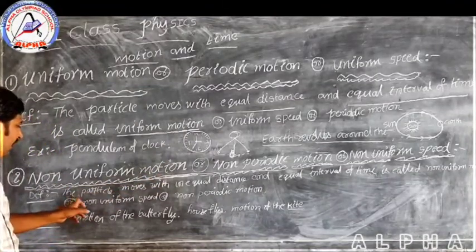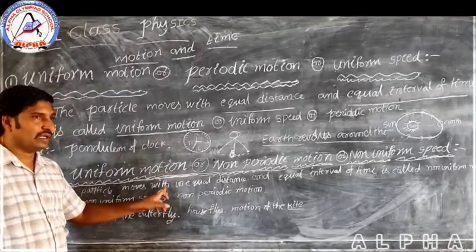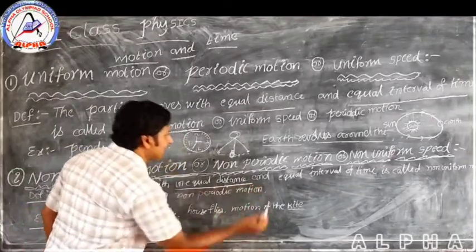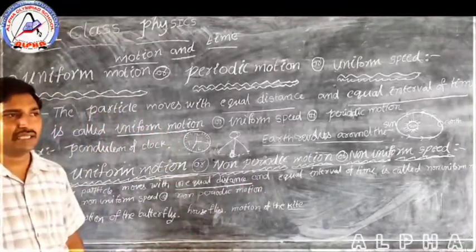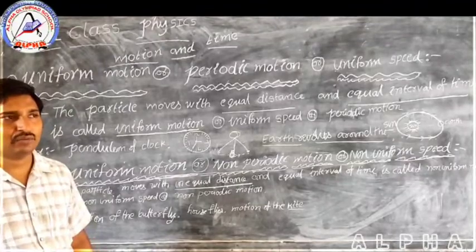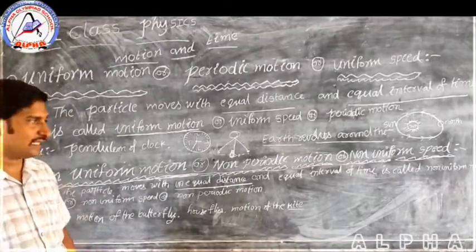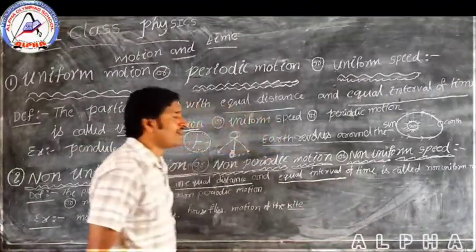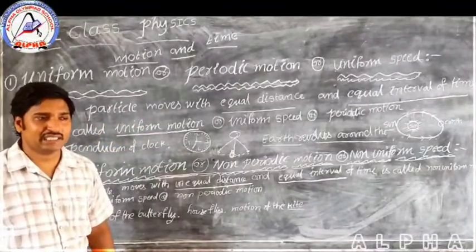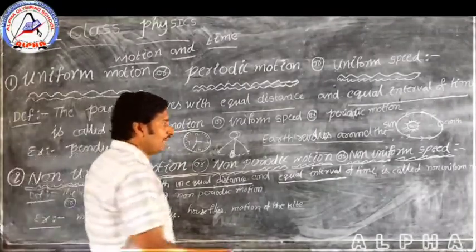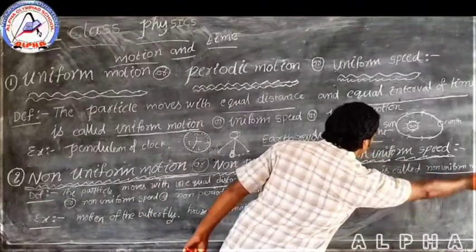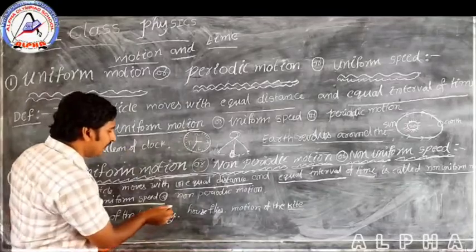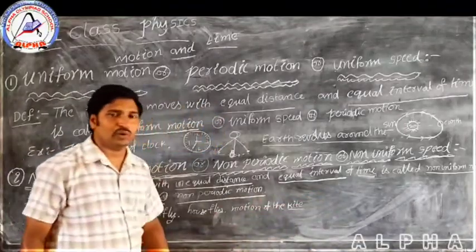So, what is the definition of non-uniform motion? Listen to me, children. The particle which moves with unequal distance in equal intervals of time is called non-uniform motion, non-uniform speed, or non-periodic motion.